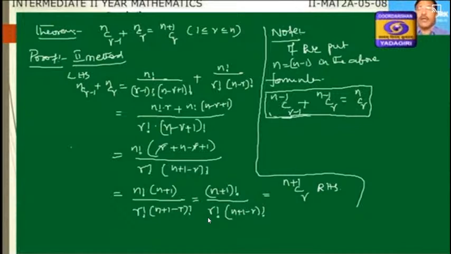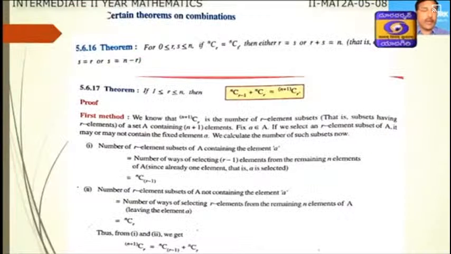So this is a very important formula: n minus 1 Cr minus 1 plus n minus 1 Cr is equal to nCr. Okay, so note down this. Now we will go to the next point. I will clear this board.